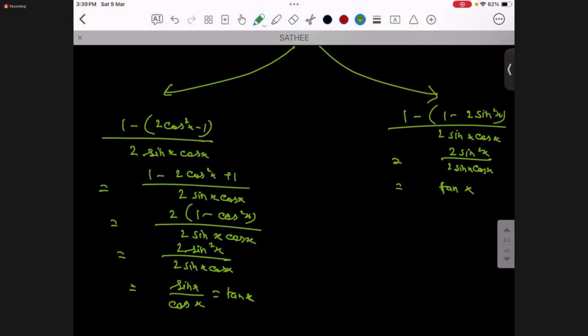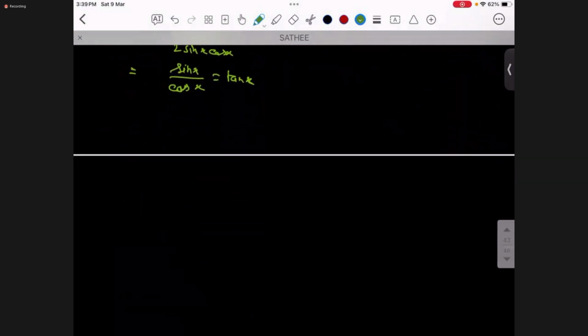But usually they ask to prove these things in the board level exam, and for the joint exam they ask you to put some values. So we will see some more examples about those. Then you can understand how we can choose a formula depending upon the answer.